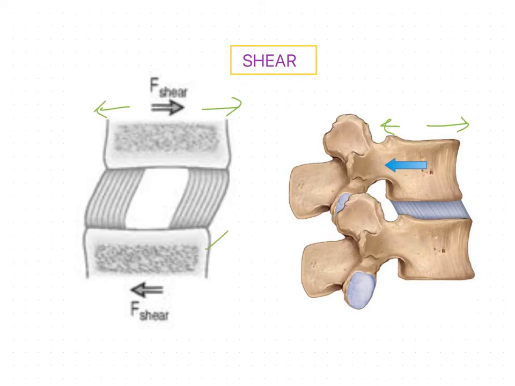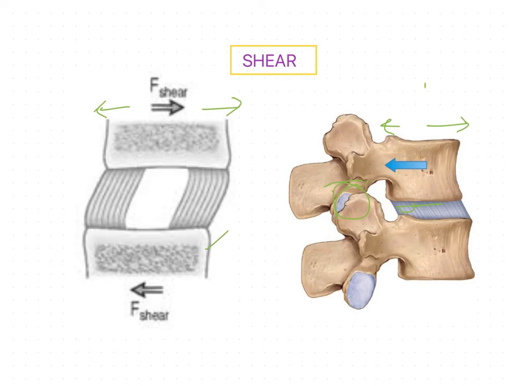In the lumbar spine, the zygapophyseal joints resist some of the shear force, and the disc resists the remaining shear forces. When the load is sustained, the disc exhibits creep, and the zygapophyseal joints may have to resist all of the shear forces.